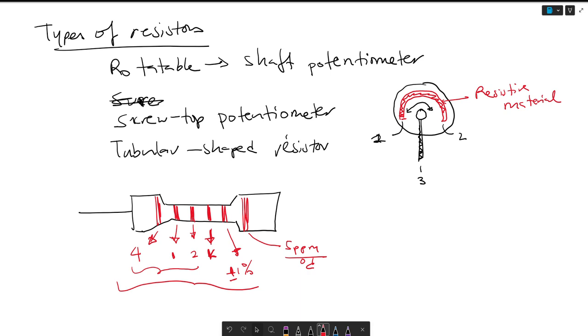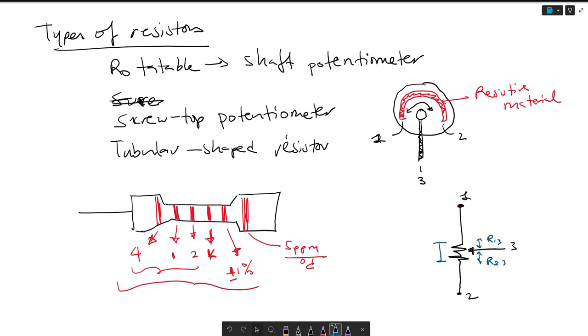And now a screw top potentiometer looks something like this. And these are normally used when you have a stationary resistor. So you have 1, 2, and 3. And this dial, this screw top here can either go up or down. It can go up or down by a resistance R13 or R23.